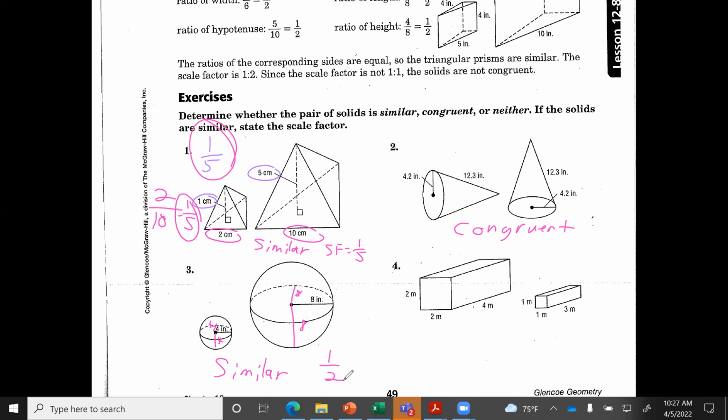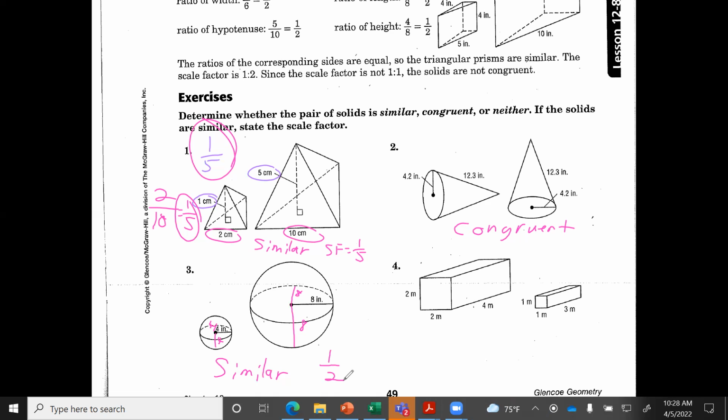What about number 4? Are they similar, congruent, or neither? Why do you say neither? What do you mean by none of them are the same? Okay. Yeah, so they reduce to the same values.